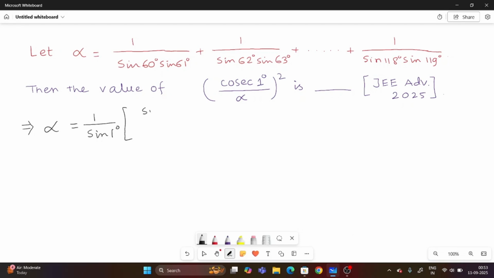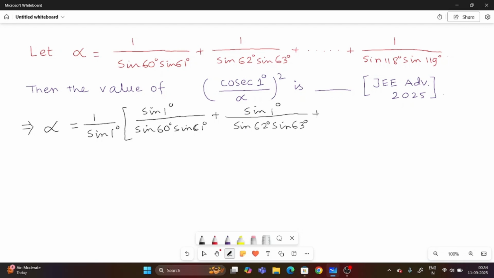So the first term becomes sin 1 degree divided by sin 60 degree into sin 61, plus the second term is sin 1 degree divided by sin 62 degree into sin 63.